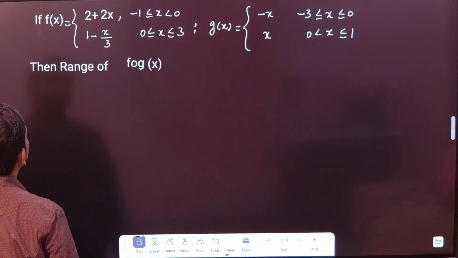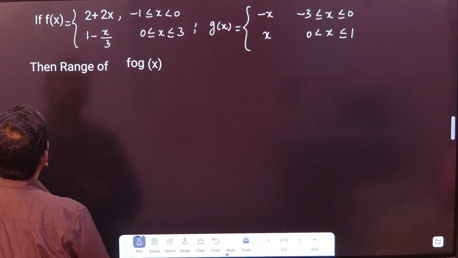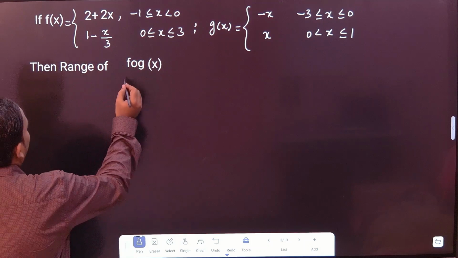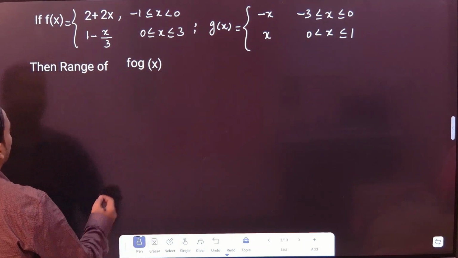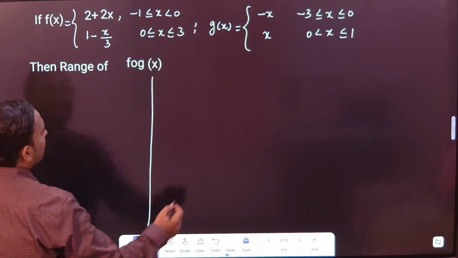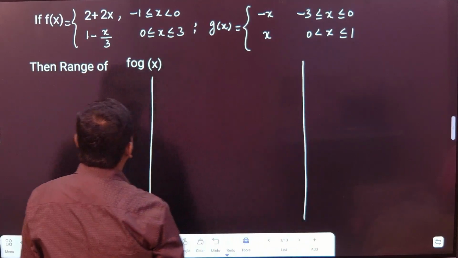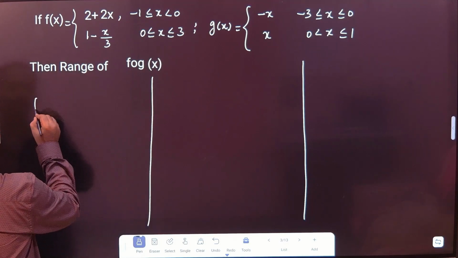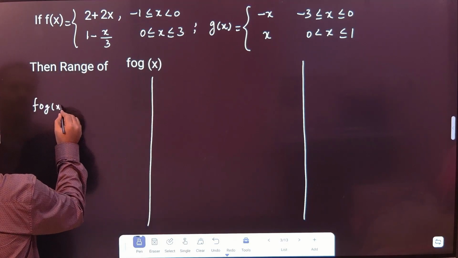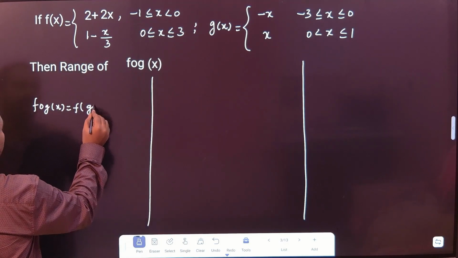Okay, so first thing, f composition g, we need to find the range of that. First you have to understand step by step. f composition g of x is required. What is the meaning of f of g of x?